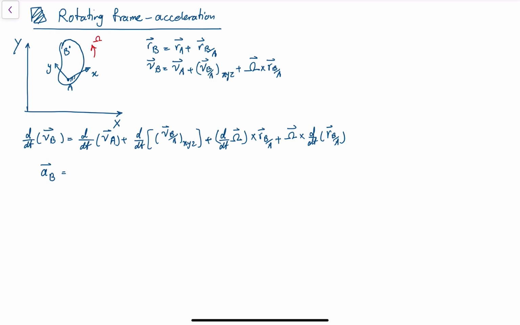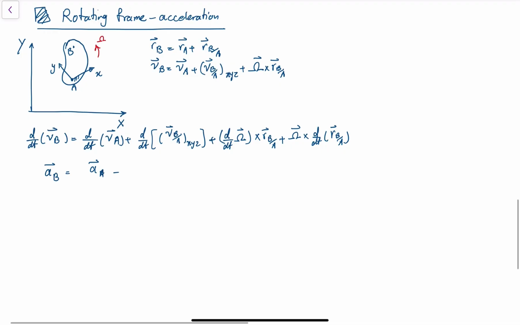The next term is the absolute acceleration of A in the base frame. The next term, let's call it the relative acceleration of B with respect to A as measured by XYZ. So this is what the observer really measures with their tape measure or whatever.